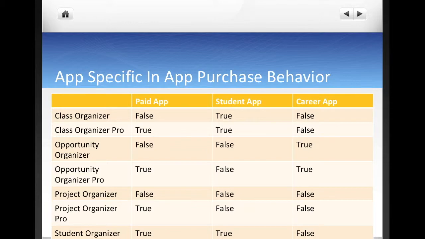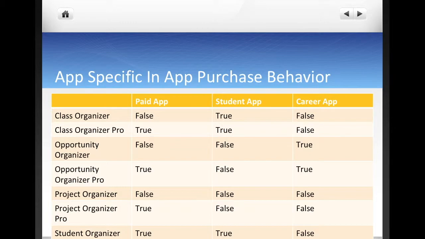So for each of the products, whether it's the base app of Project Organizer, that's not a paid app, it's a free app. And then the other free apps, like Class Organizer and Opportunity Organizer, also are free apps, and so they would not be a paid app. And then the other flag I have is differentiating.